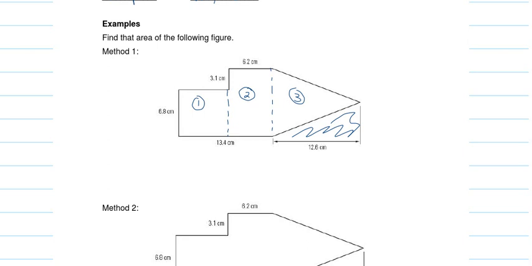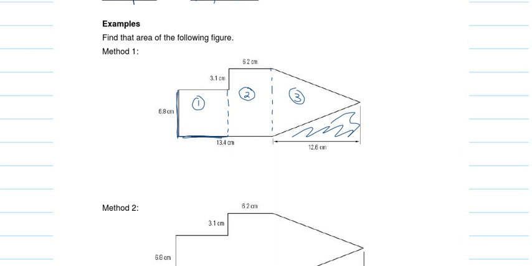Okay, the length is 6.8. How about the width? Half of 13.8. Why is it half? Does it have to be cut in half? Is it really cut in half? So we said that this is 16.8, right? So that's perfect.